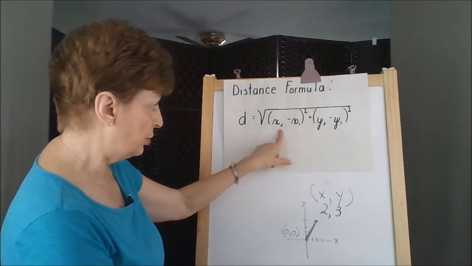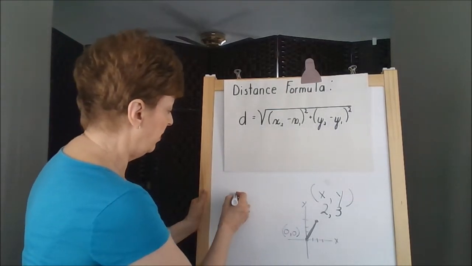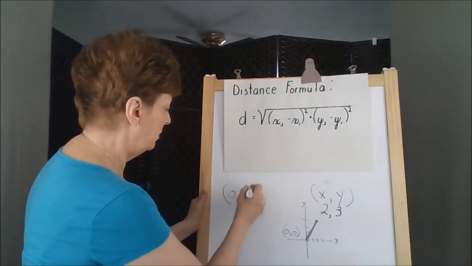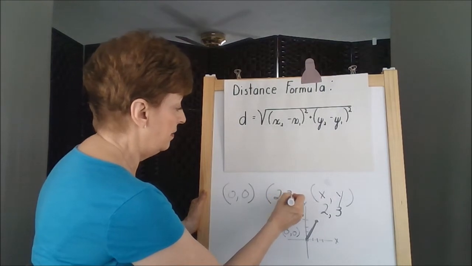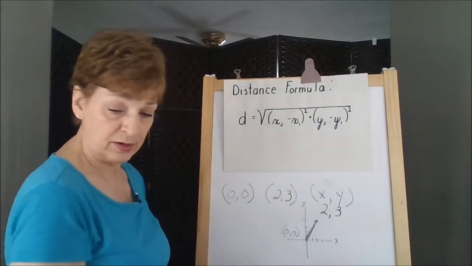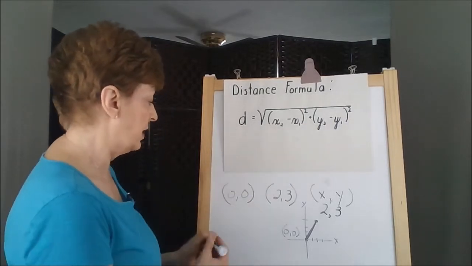Obviously, you're going to need 2 ordered pairs, but we have this. So our first ordered pair, 0, 0, and our second ordered pair, 2 and 3, this would be where you would grab your numbers for these formulas.